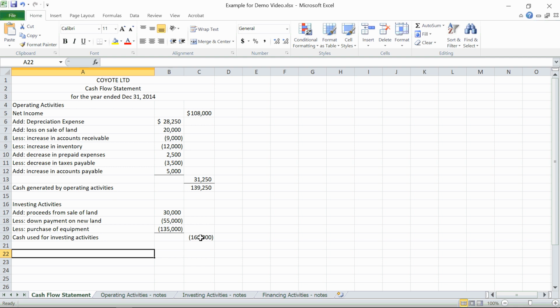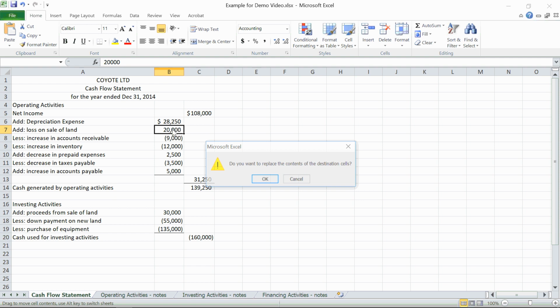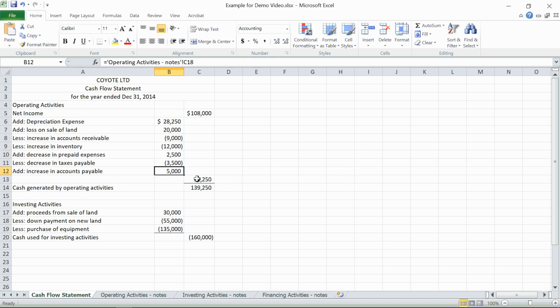That's actually why I think it's really important to show the things that you're going to subtract in brackets and have them show up as negative numbers, so that when I go to calculate cash used for investing activities, or up here cash generated by operating activities, I don't have to go cell by cell, this minus this minus this, or this plus this, this plus this minus this minus this plus this minus this plus this. I can just do a sum of the whole column in both cases because I'm showing the numbers that I want subtracted as negative numbers.